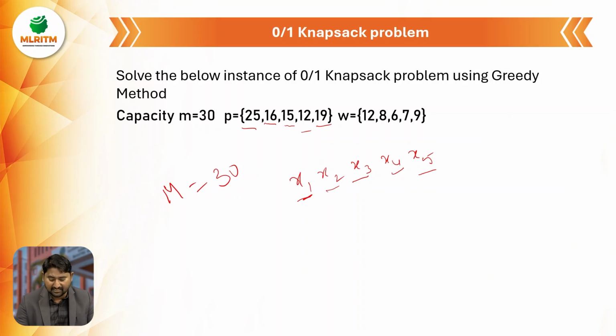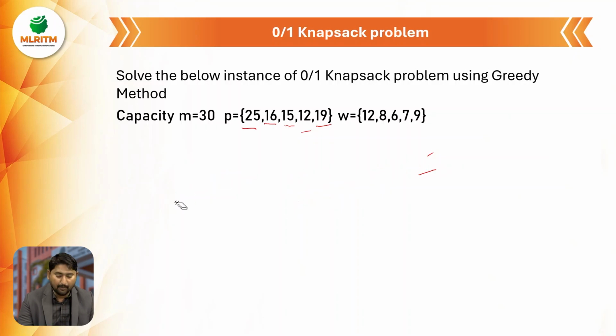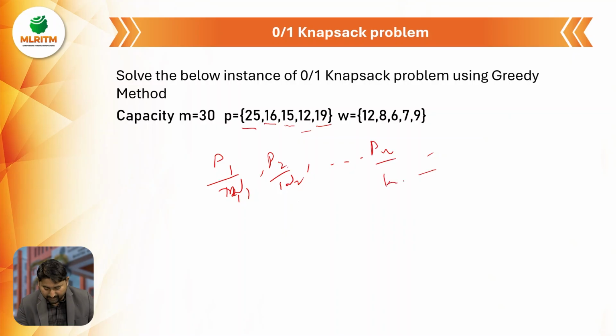Next, their corresponding weights are also given. First we calculate the maximum of profit by weight values, that is P1 by W1, P2 by W2, and so on up to Pn by Wn.